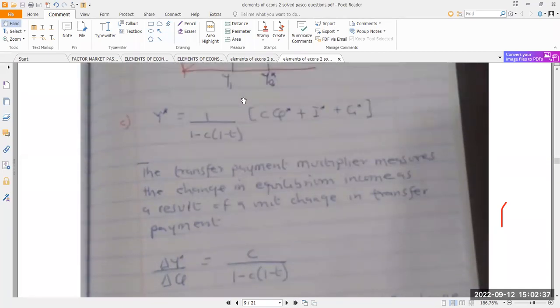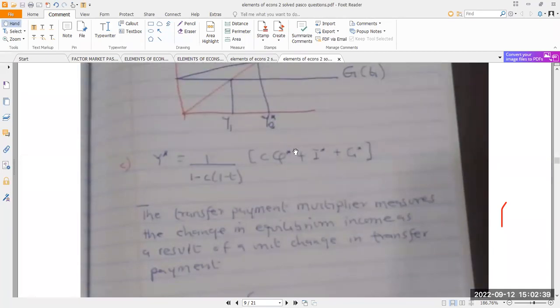You see that I was trying to tell you that the equilibrium income function is not always like this. If they add autonomous tax, we're supposed to have this component, C T. That one is minus C T. It's minus C T. Okay, you can also be asked to find the autonomous tax multiplier.